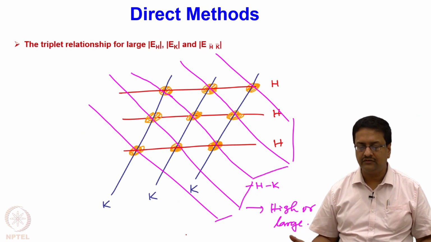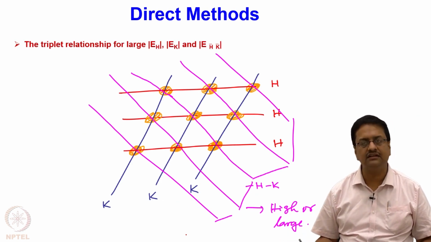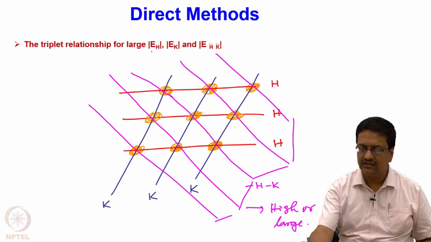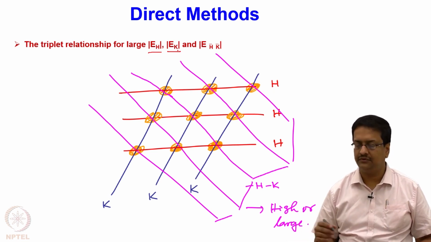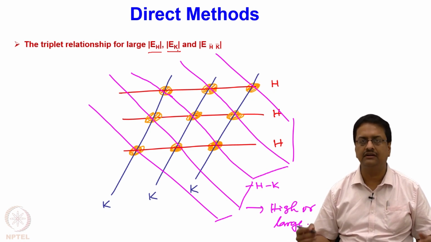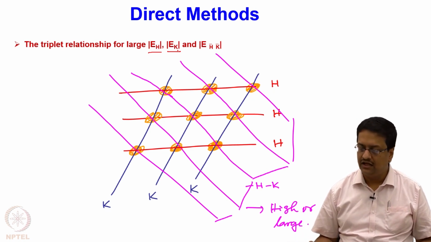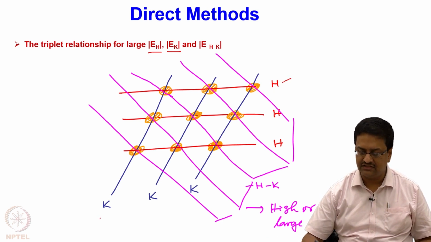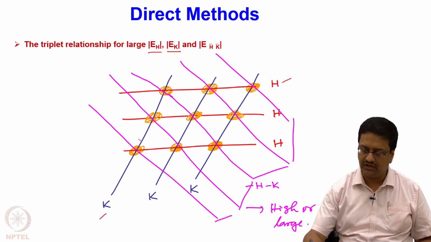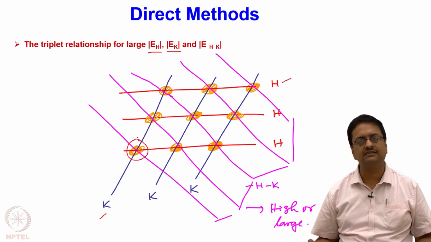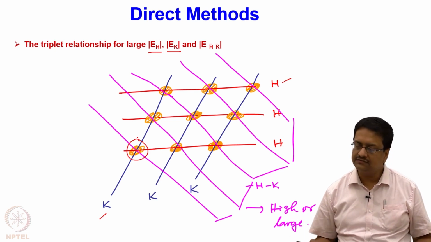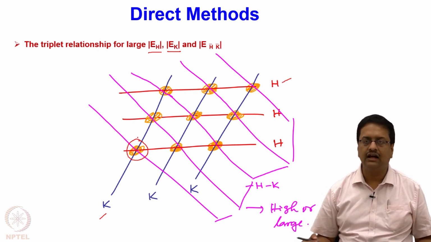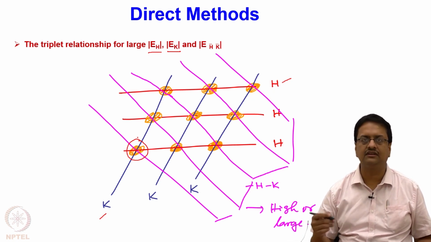Then we went on to talk about the triplet relationship, where if you know that EH and EK, the normalized structure factors for two different planes, are both high, we identify those planes as H and K and they intersect at a given point. The point of intersection of these two planes, which give large values of E, would have a concentration of electron density.